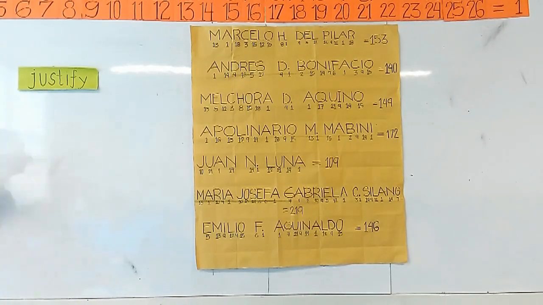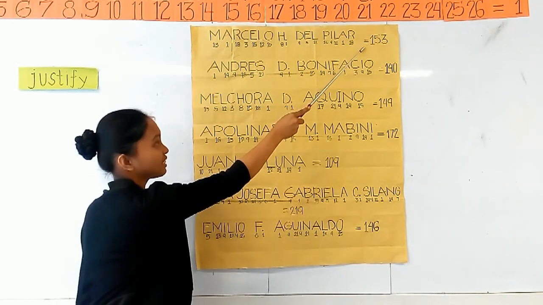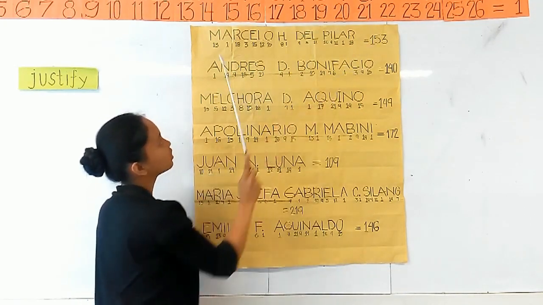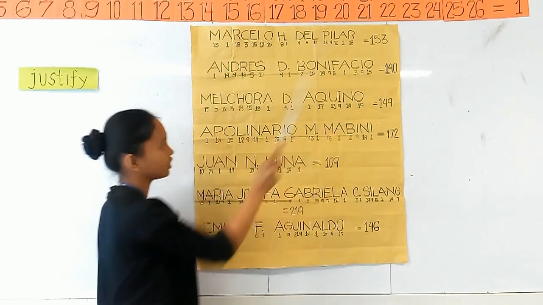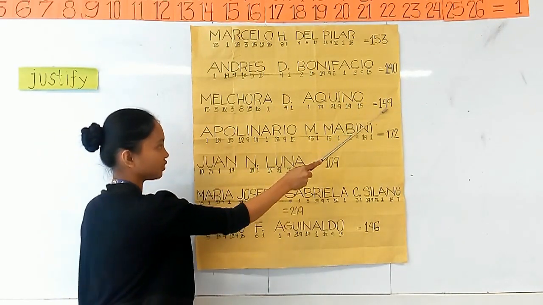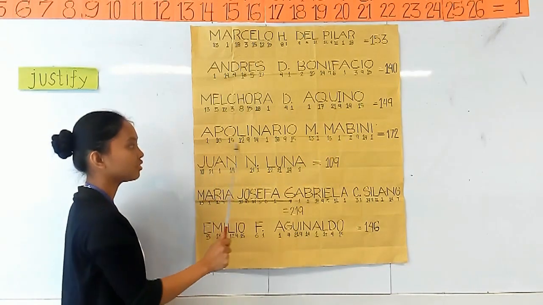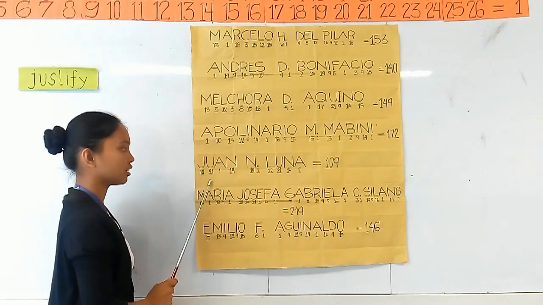So, we also made the same step in other nominees of national hero, and we arrived Marcelo H. del Pilar is equal to 153, Andres D. Bonifacio is equal to 140, Melchora D. Aquino is equal to 149. Apolinario M. Mabini is equal to 172.